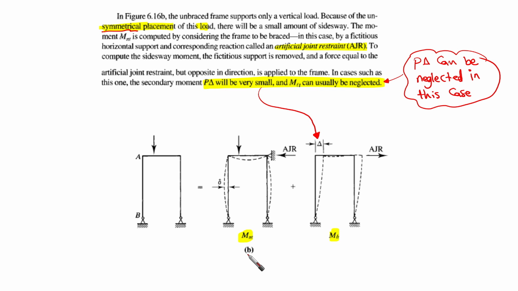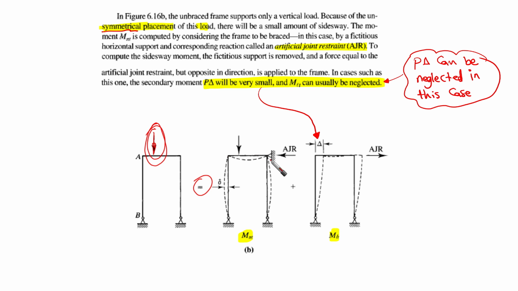As in this figure, for example, the unbraced frame supports only a vertical load. This is the unbraced frame, and it supports only vertical load. Because of the unsymmetrical placement, it is not in the middle; it is shifted. So even though it doesn't have any lateral loads, it equals two subsystems.